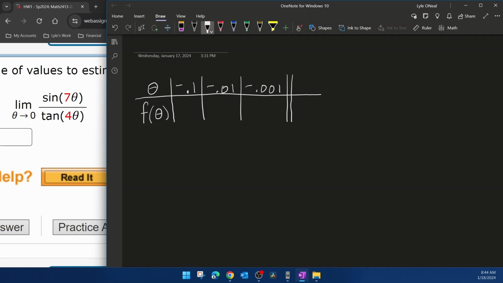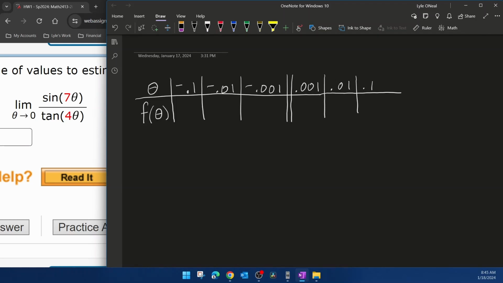And as a math person, I like symmetry. So on the other side, we're going to say 0.001, 0.01, and 0.1. So again, those get closer to 0 from the right in this direction.